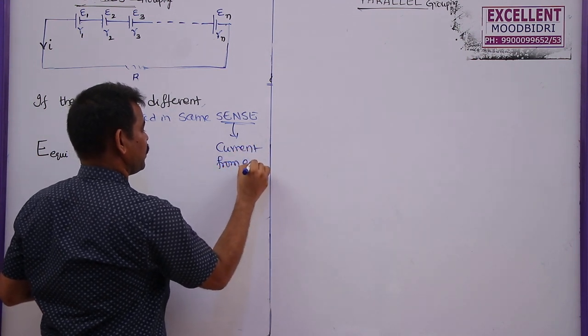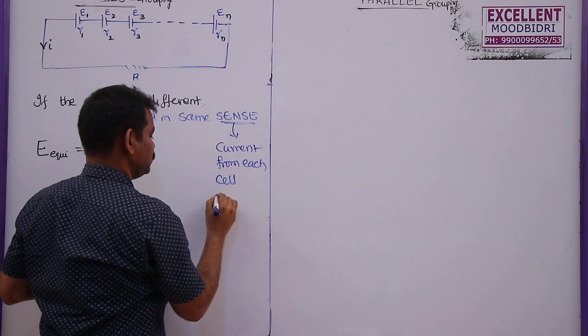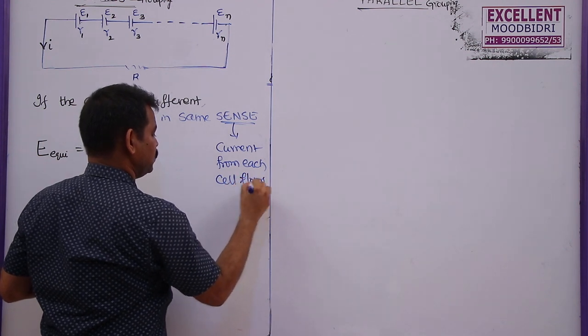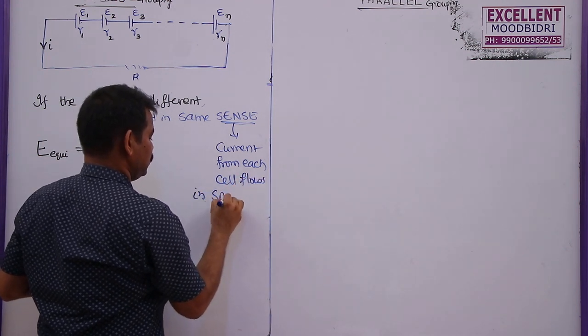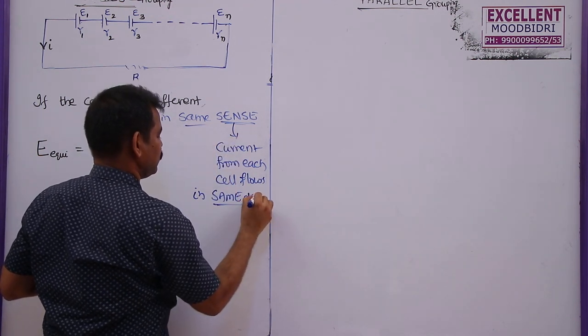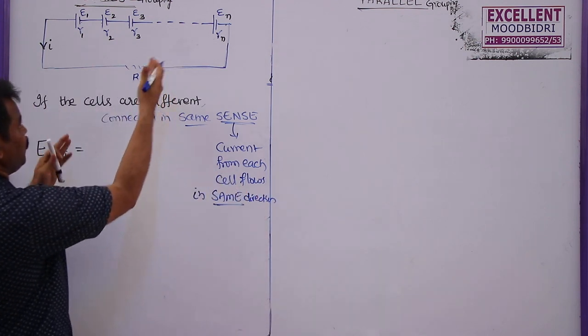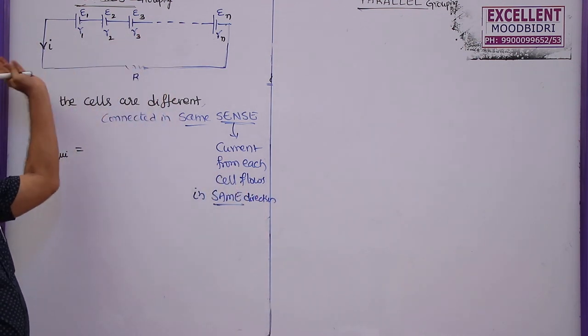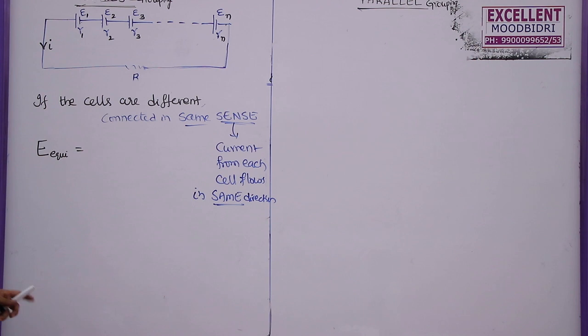Same sense is nothing but current from each cell flowing in the same direction. So here all the positive terminals are connected towards the left, and negative terminals towards the right side.